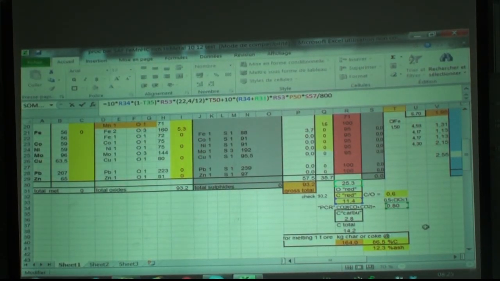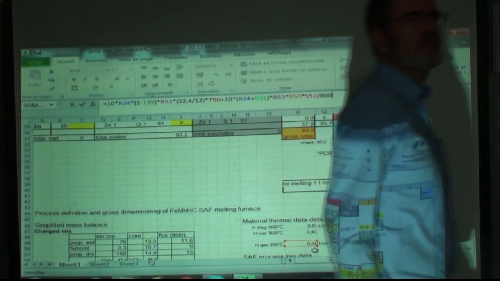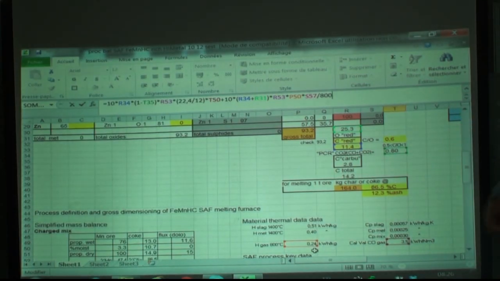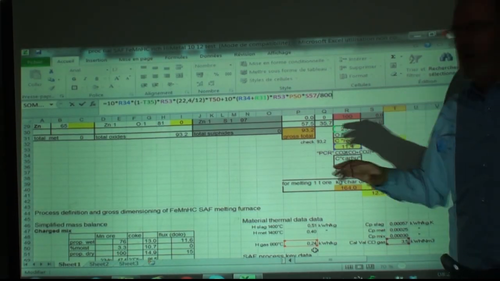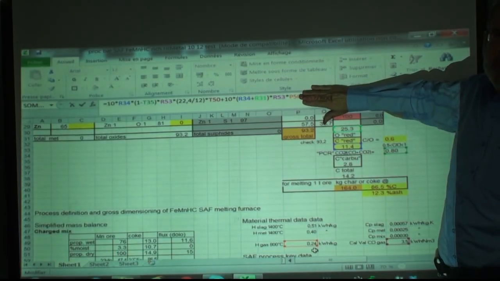Not the enthalpy. By this, by the enthalpy, and this is, if it is at 8, until now, it's the enthalpy at 800 degrees.